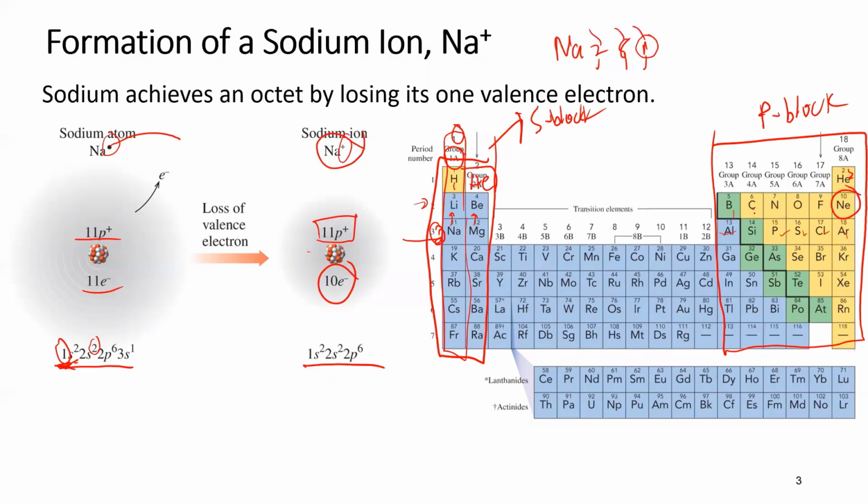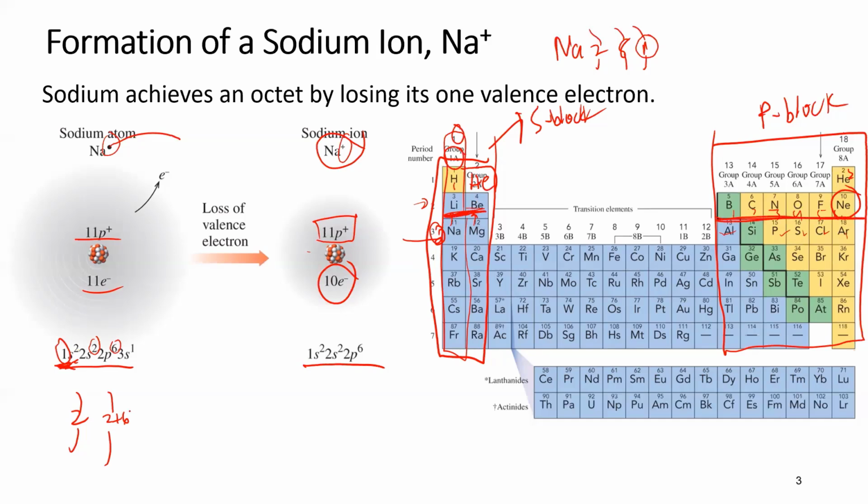So there's 1, 2, 3, 4, 5, 6 electrons in that P block. And we see, like in the first energy level, there's 2 electrons in the S block. In the second energy level, there's 2 plus 6 electrons, the S block, which is 2 positions, and the P block, which is 6.